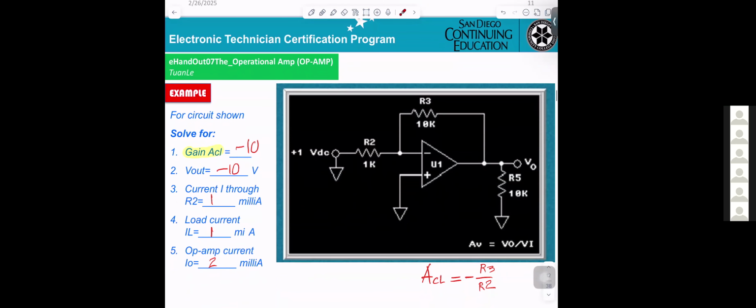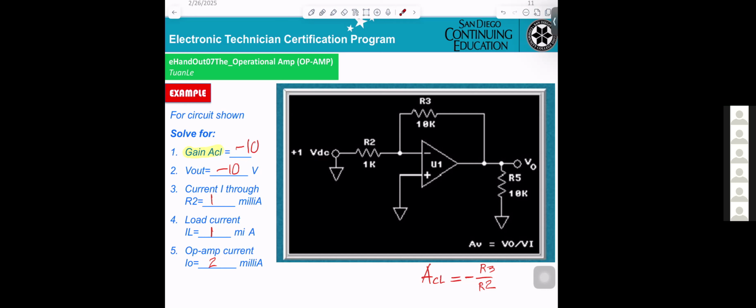Okay, if not, you can see that last time we already calculated it for you, so I'll just go through that quickly. For this circuitry, you will see this in the lab. They want you to calculate the gain. You get RF over R1, minus RF over R1. If you want to calculate the V out, you take the V in times the gain. Okay?